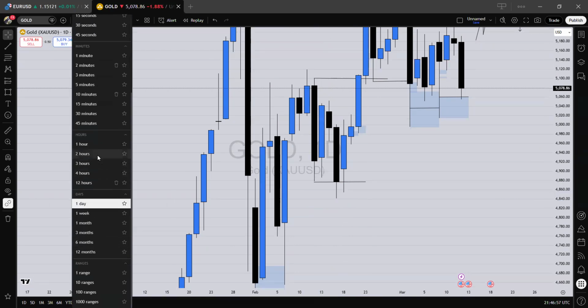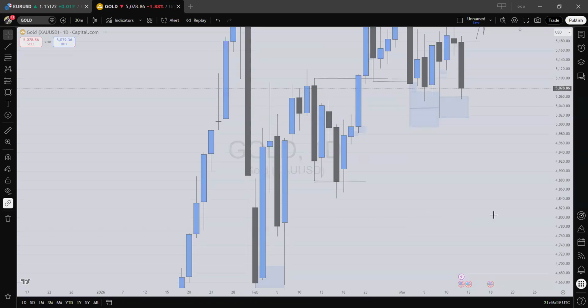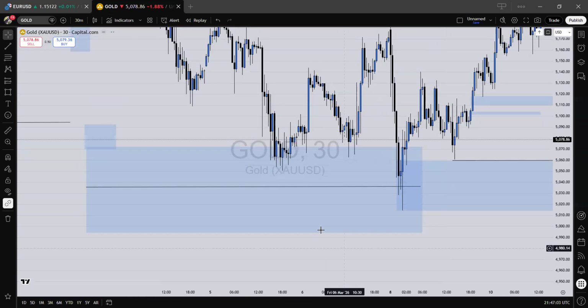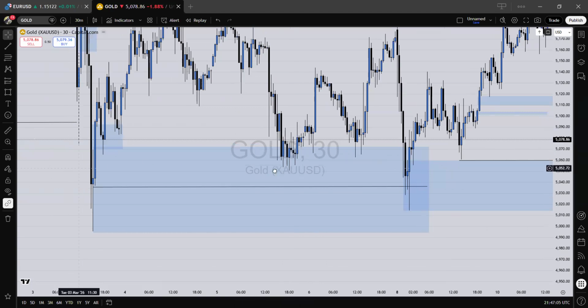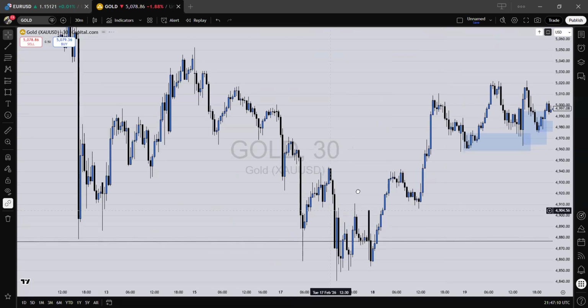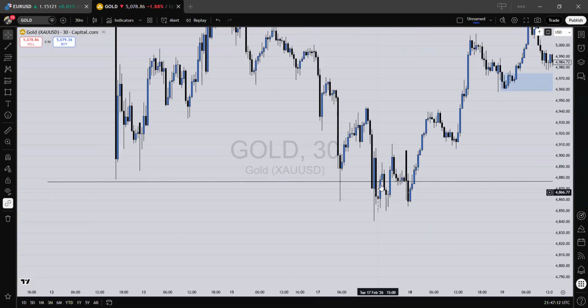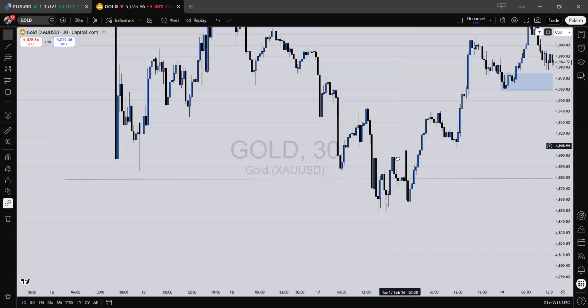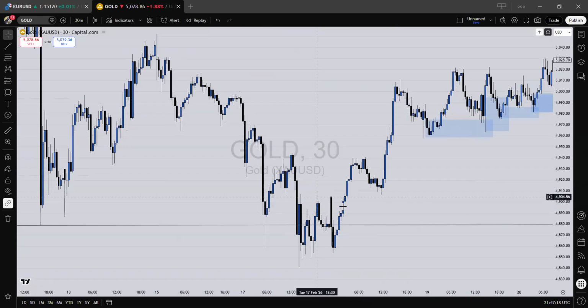So I went to my 30 minutes. I don't know if I shared the trade on Twitter. Price reclaimed, came ranged and ranged.